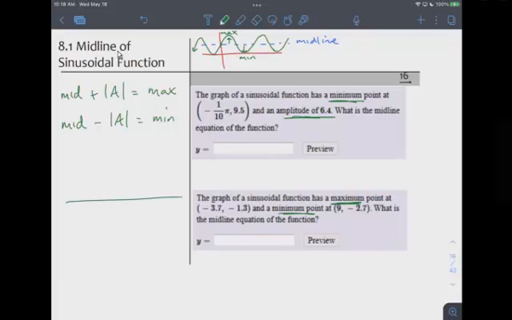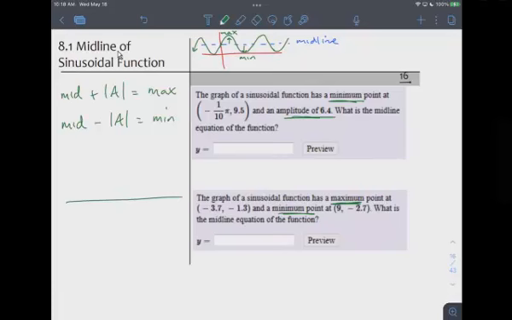There's another relationship that works, and that is if you were given the maximum and the minimum, the midline is the average of those. If you just add straight down the columns that I've written up here, you have 2 midlines, the A's cancel, and then you have the max plus the minimum.